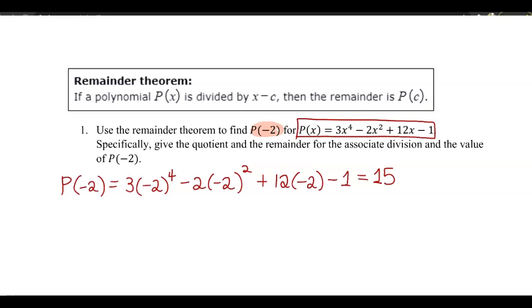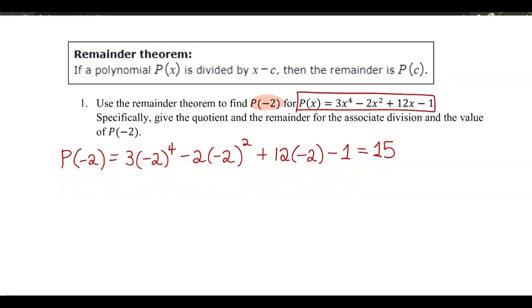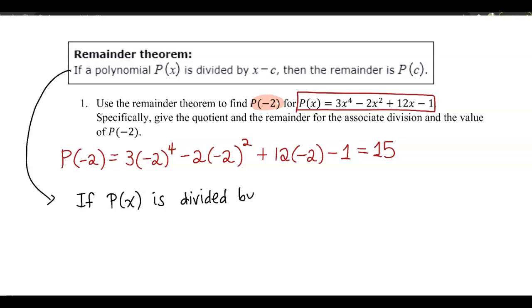So this time, let's use the remainder theorem. Remainder theorem says if p of x is divided by, they said x minus c. So we're writing the factor given the zero form.